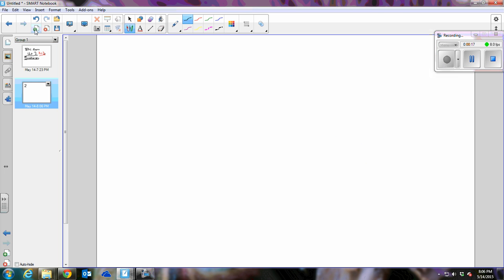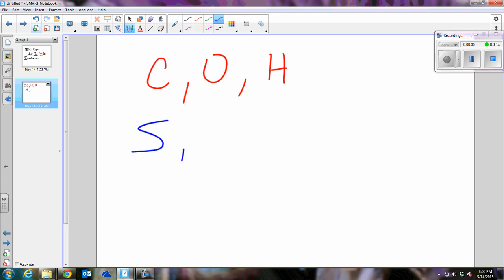Now, a few elements that are key in living things are, of course, carbon, and we've talked about carbon, and oxygen, and hydrogen, very important atoms basically in everything. A couple other ones that we will mention briefly as we go. Sulfur is very important, part of proteins.